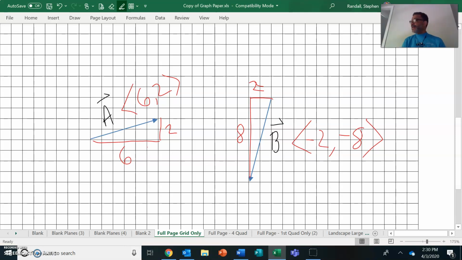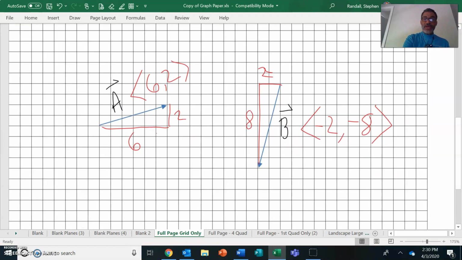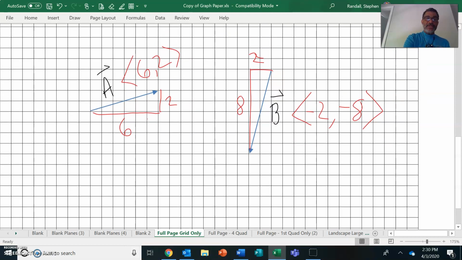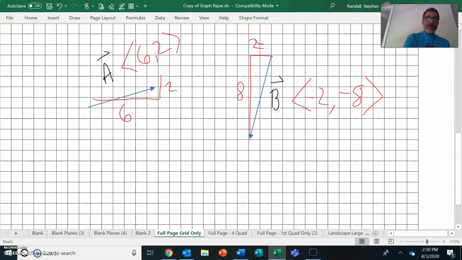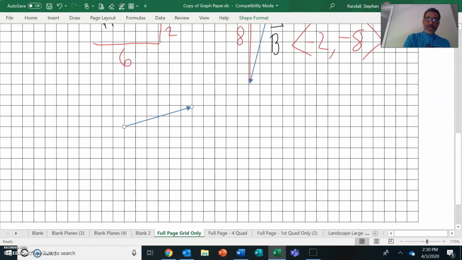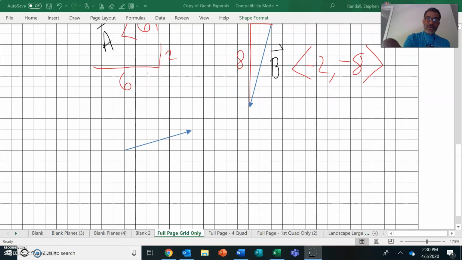Now let's say we wanted to add these vectors. Remember, we add them by moving tip to tail. I'm going to take this vector and move it over here, and I'm going to take this vector and move it down here. Now I have my vectors going tip to tail, and I can draw the resultant.